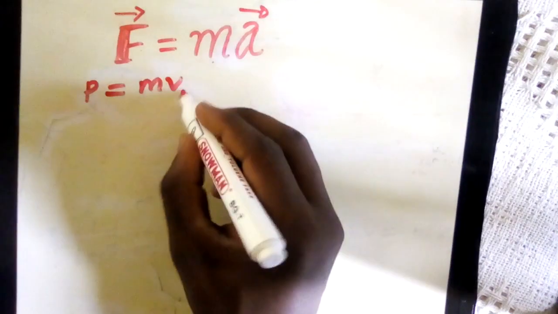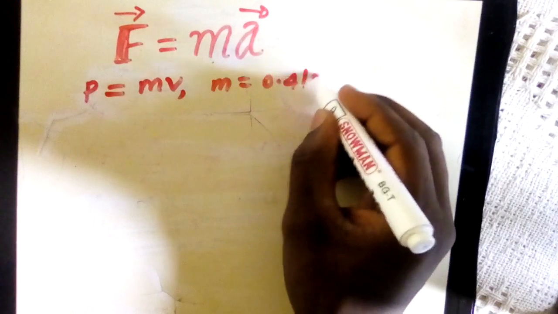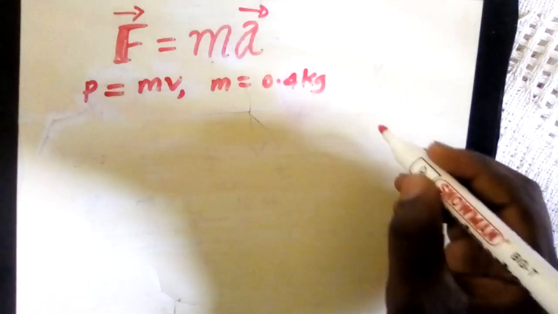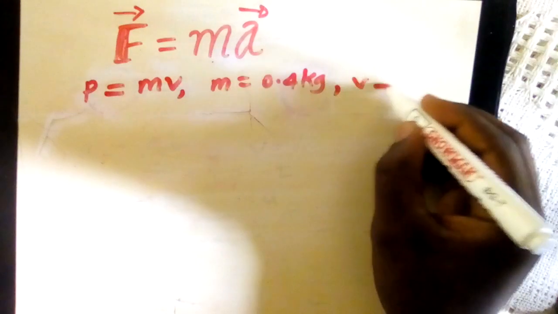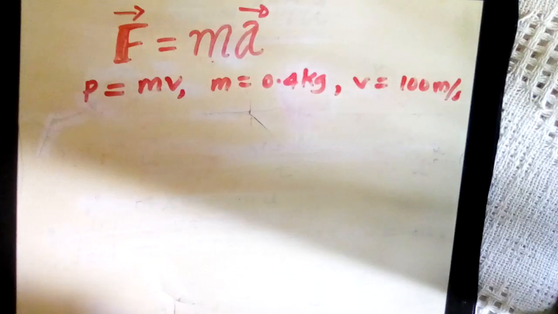Now assume that we have a body of mass 0.4 kilograms moving at a speed of 100 meters per second. What do you think would be its momentum?